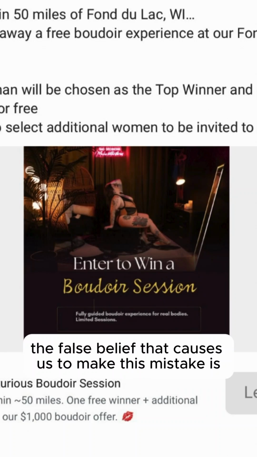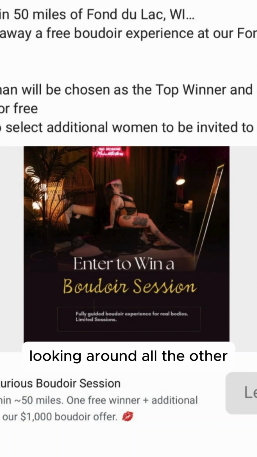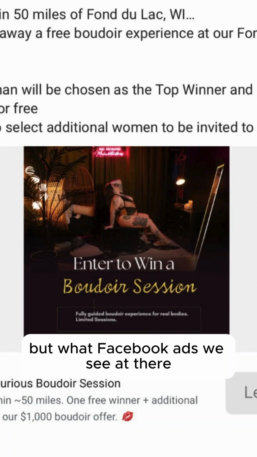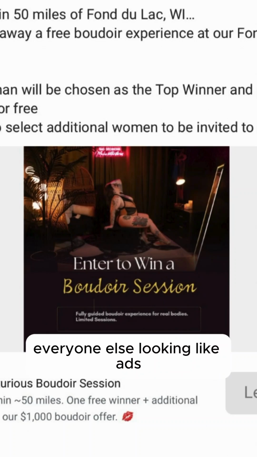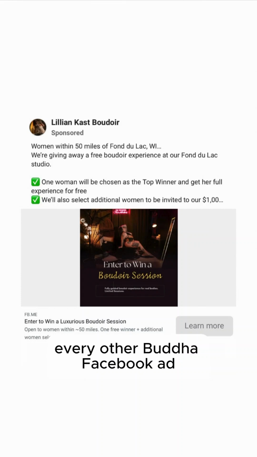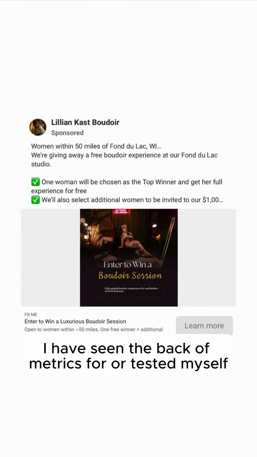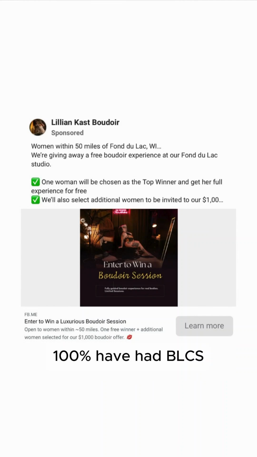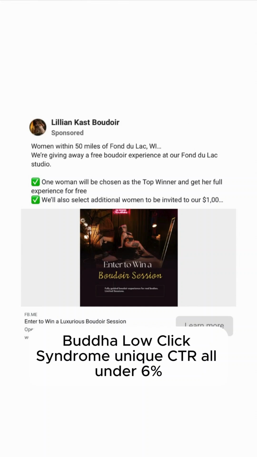And the false belief that causes us to make this mistake is looking around at all the other Boudoir Facebook ads we see out there, everyone else looking like ads. Their ads look like ads. And guess what? Every other Boudoir Facebook ad I have seen the back end metrics for or tested myself 100% have had BLCS, Boudoir low click syndrome, unique CTR under 6%.